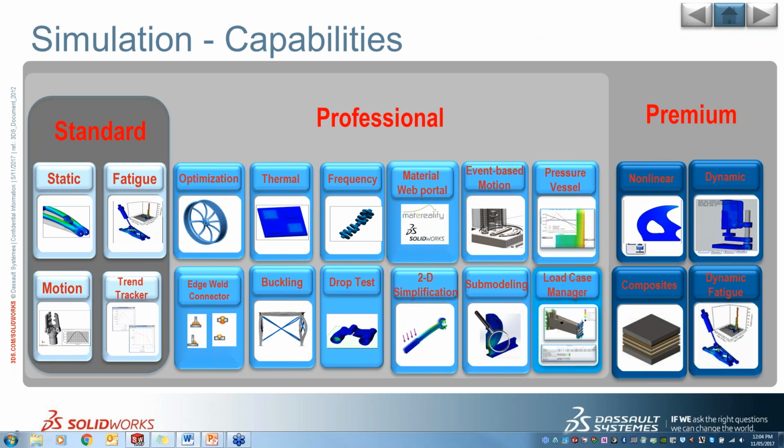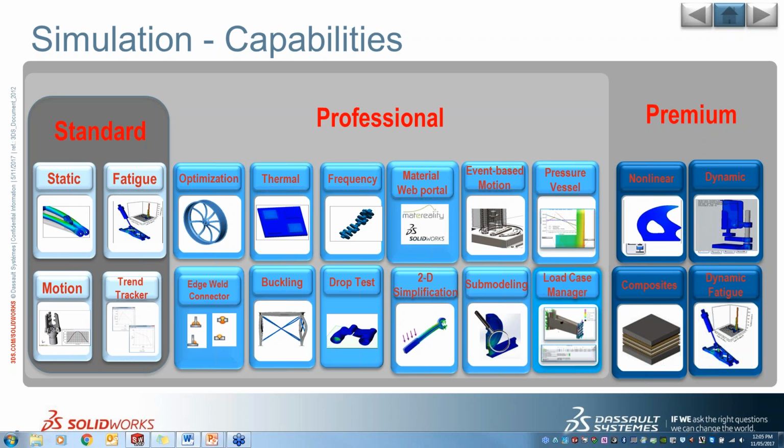It means that after you run the first initial static simulation, you can start Trend Tracker, make the initial analysis a baseline design, and then compare the successive design changes. As you perform freeform design changes, Trend Tracker automatically does all the bookkeeping for you, saving results such as weight, stress, displacement, or any other parameter that you want to track.